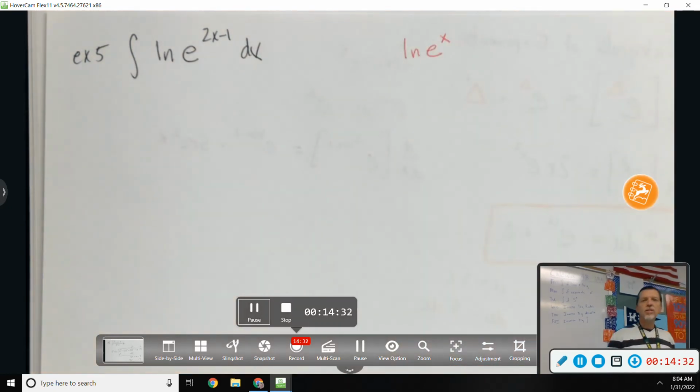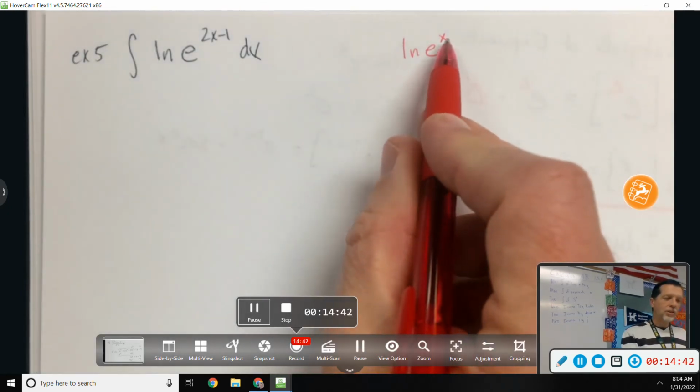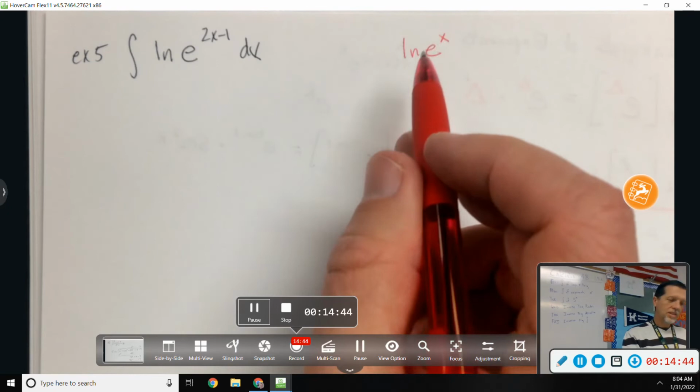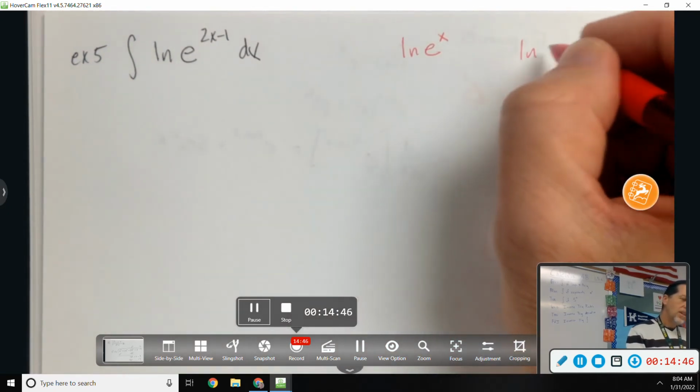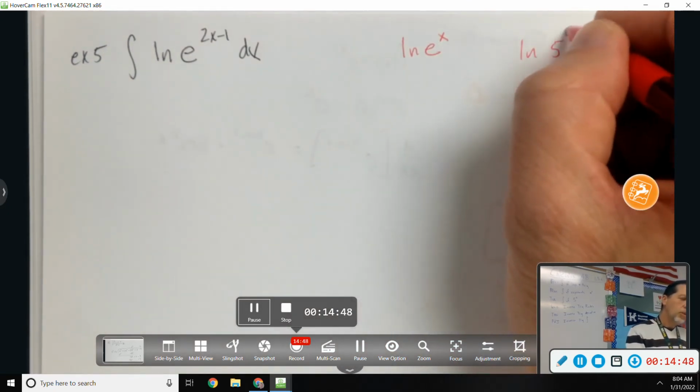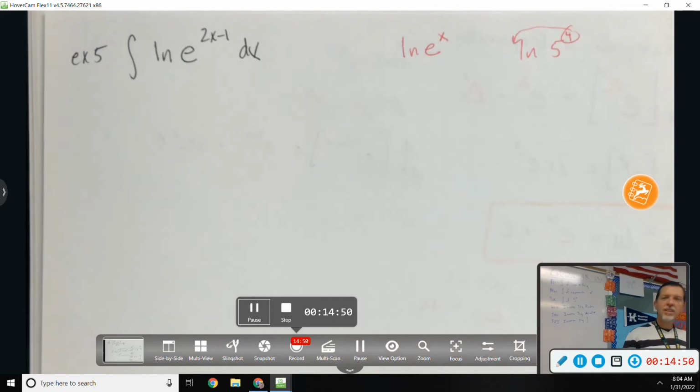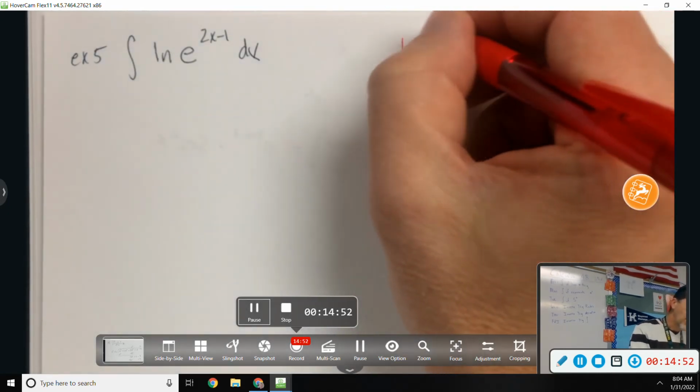Do you know what natural log of e to the x is? Back up one more. Do you know what I can do with that x? Property of logs. Right, the natural log of 5 to the 4th, you can put the 4 down front. You can put the x down front.